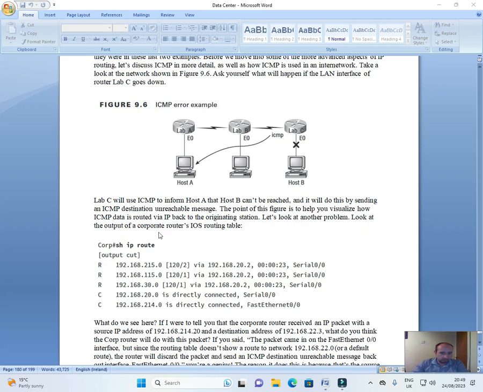Look at the output of the corporate router's IOS routing table.